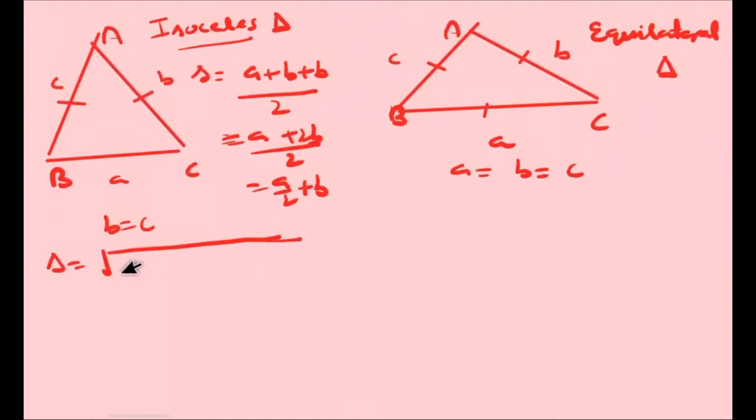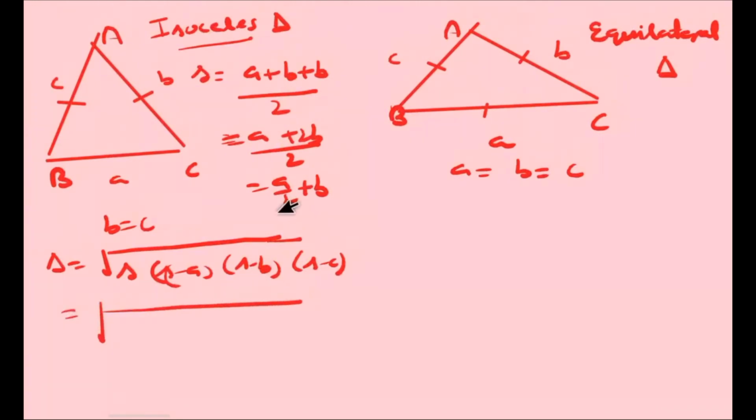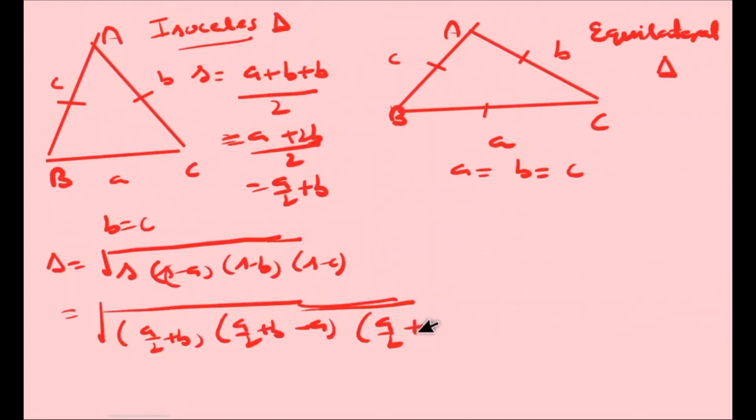So using this formula, what is the value of s minus a, s minus b and s minus c? If we use s as a by 2 plus b, then here it is a by 2 plus b minus a, here a by 2 plus b minus b, and here also a by 2 plus b minus b, since b equals c.